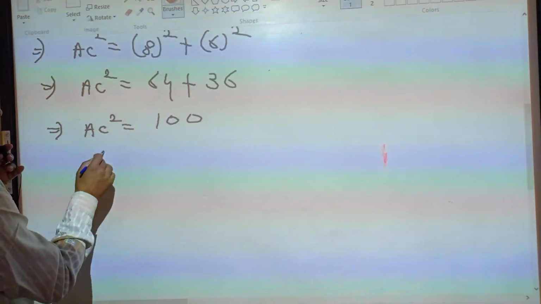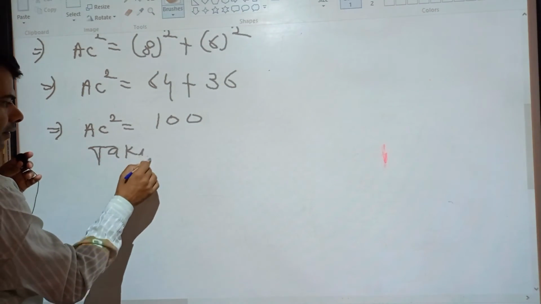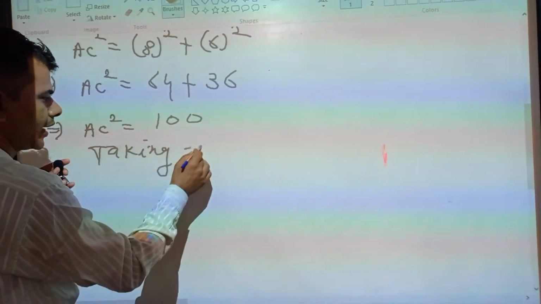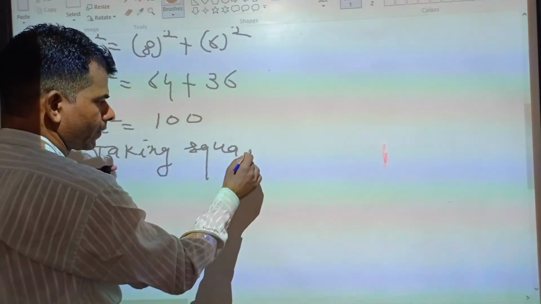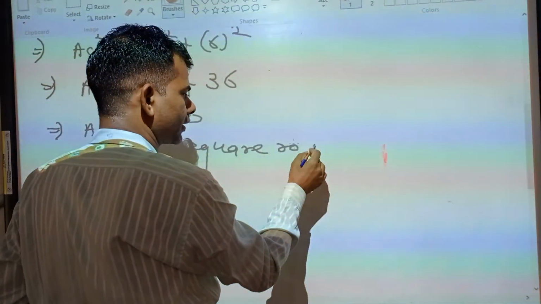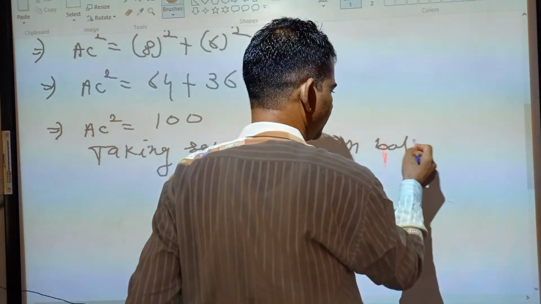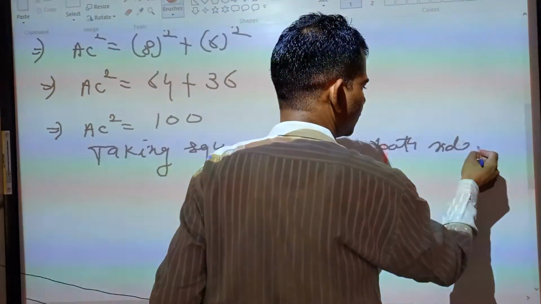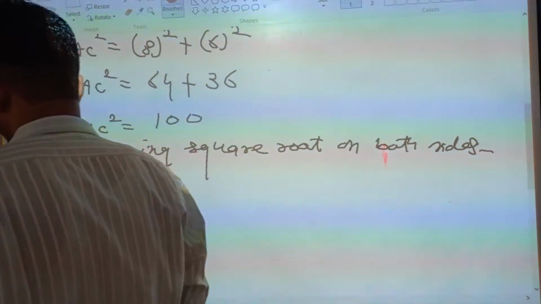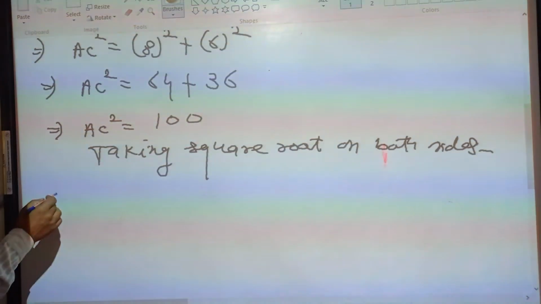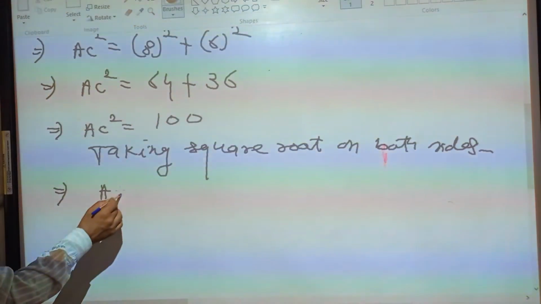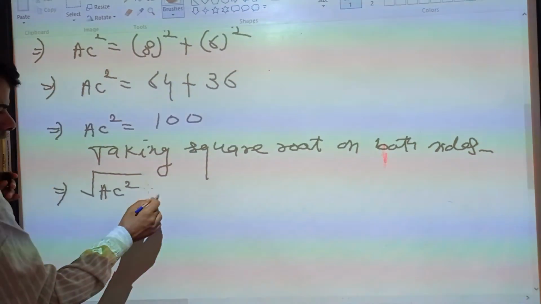Taking square root on both sides we get AC square, square root, 100.